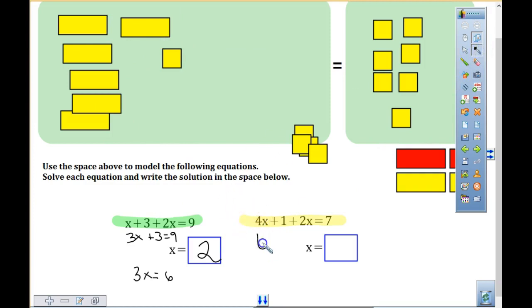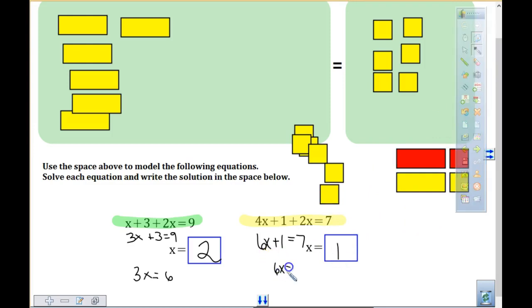So I saw you regroup those and have 6x plus 1 equals 7. And then I saw the removal of 1 from both sides, right? And so 6x equals 6, and x, Evan, you had a solution of 1. 1, okay? Because 6x was equal to 6, which means each x had to equal 1, okay?